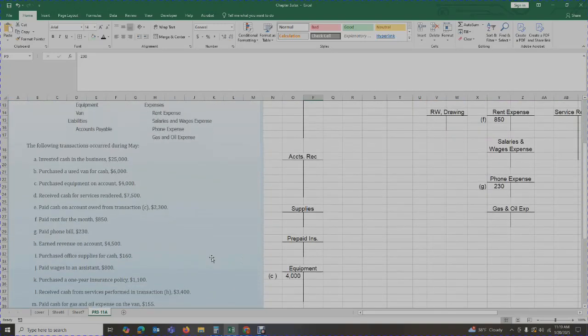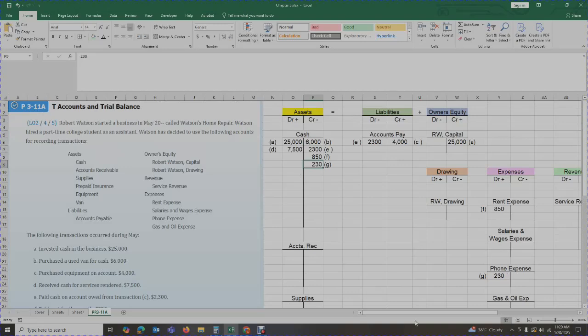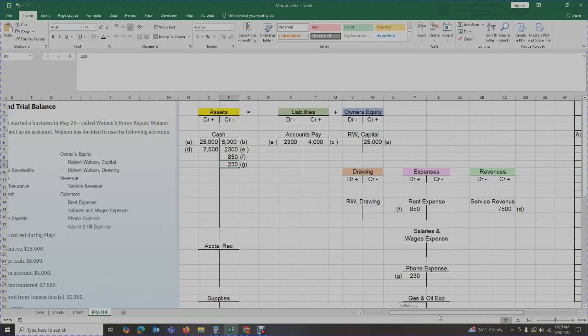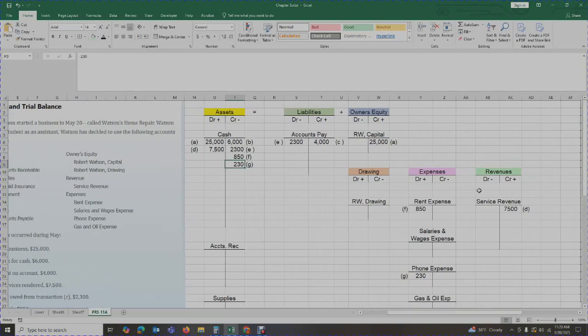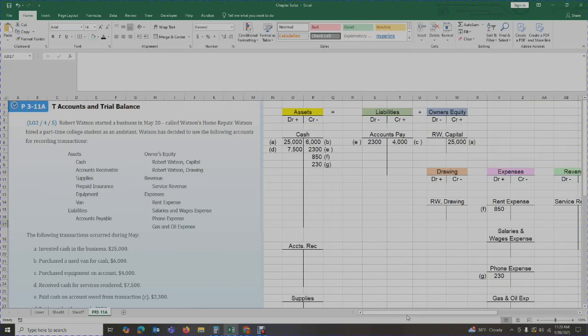That is letter G. Letter H, you earned revenue on account, $4,500. So you provided a service, but you have not gotten paid. The service is complete, so I need to record my revenue. Okay, so I provided a service for $4,500. This is letter H. But this time you haven't gotten paid. You're going to get paid next month.